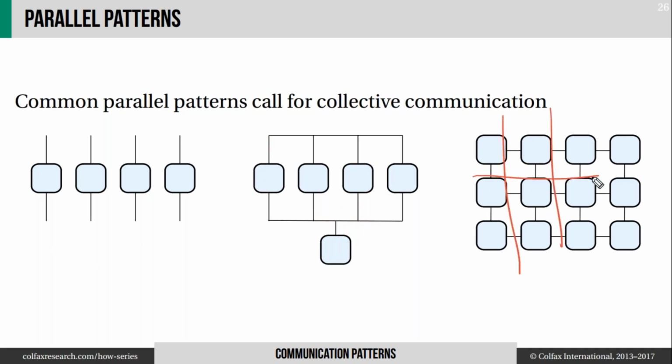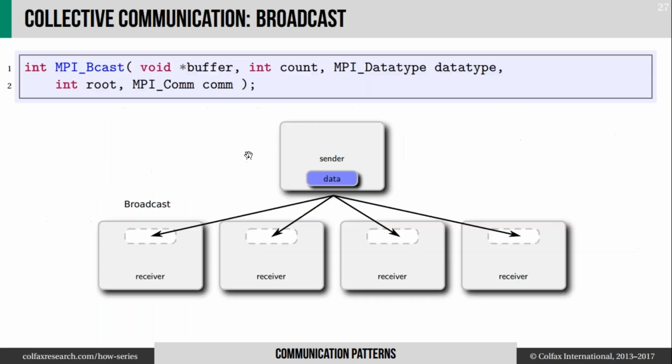Sometimes you split up your simulation domain into a grid, and then you exchange data with the neighbors back and forth. So you need something like send receive. MPI knows how to do that, and it actually provides to you communication primitives. I will show you a few examples, and there's many more and many varieties of each of them.